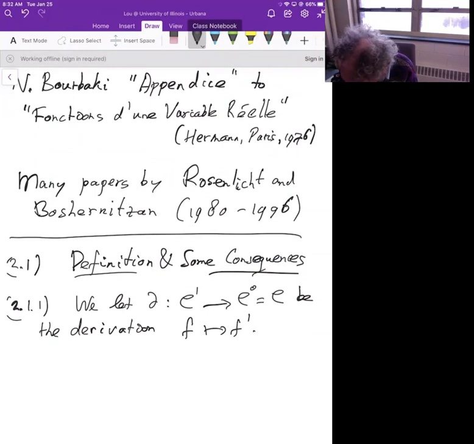And then the Hardy field is simply a subfield of C1 which is closed under this derivation.